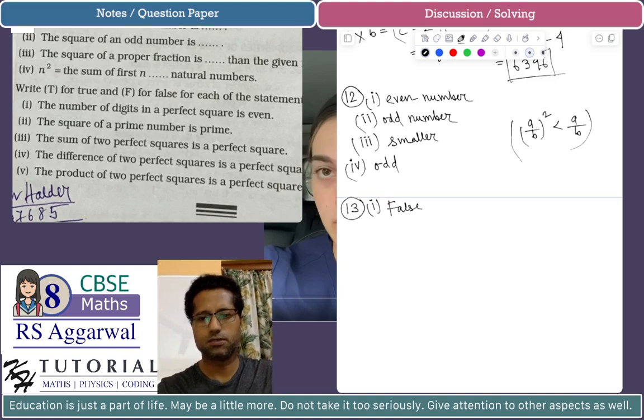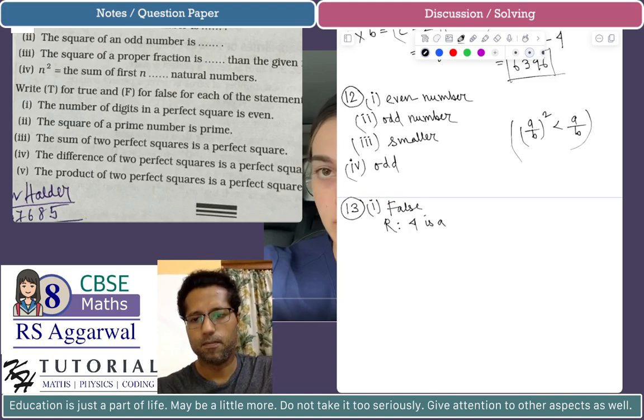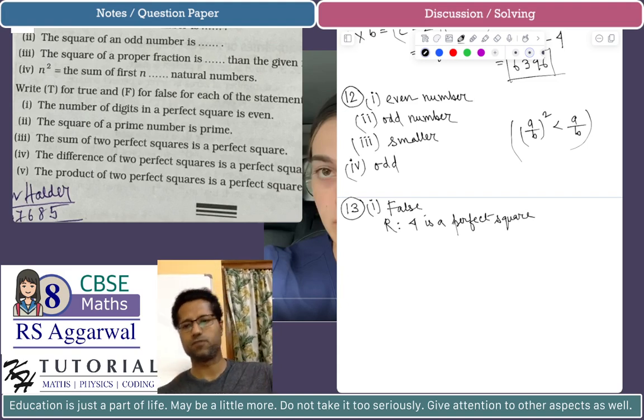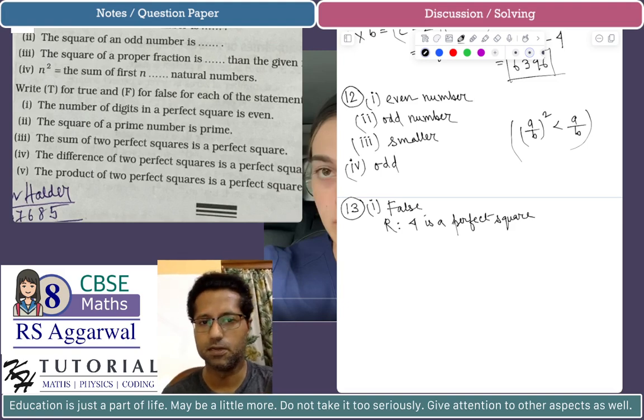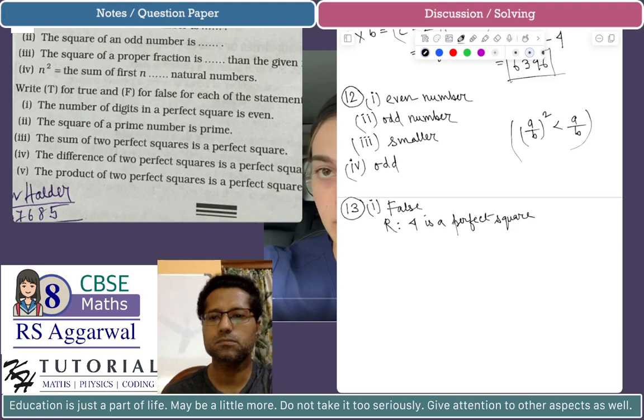I will write false, and below it I will add a reason that 4 is a perfect square and the number of digits is 1, which is odd. I'm just writing 4 is a perfect square and the number of digits in 4 is 1, which is odd. So it is saying that the number of digits in a perfect square is even. It is not true. As an example, you can consider 4 or 9. Okay.